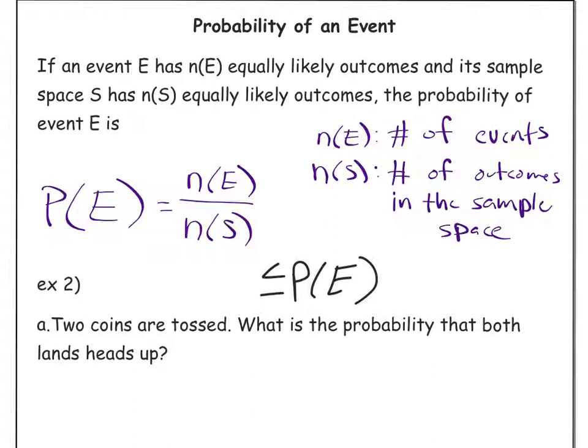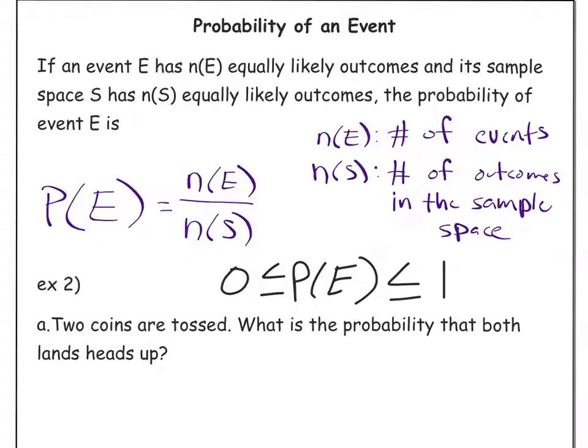The number on the bottom of the fraction has all the outcomes, so at the biggest, the number of events could be the same as the sample space. That's guaranteed the event will occur. The big implication of that is probabilities have to be between 0 and 1.